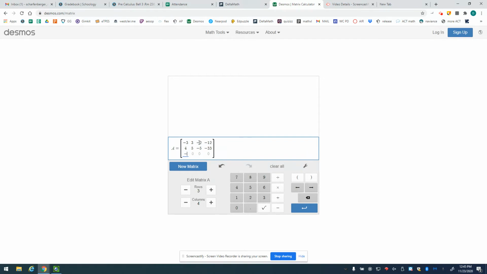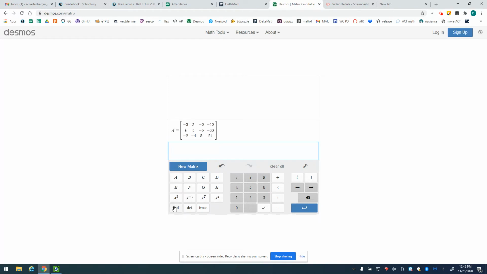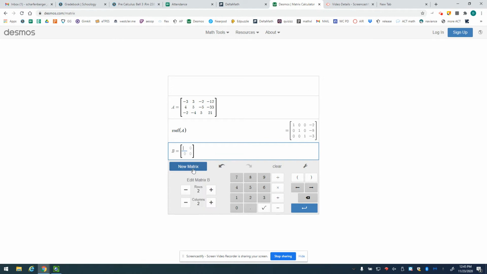I'm just hitting my tab button to make it go a lot faster, if you want to type it in as fast as I just did. There's my A, so I'm row reducing it. And that tells me right there that my x equals -2, my y equals -8, and my z equals -3. Typically, we write that as a point, which I'll show you in a little bit on my paper.